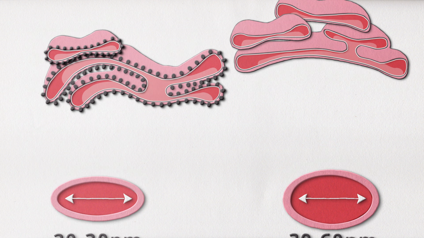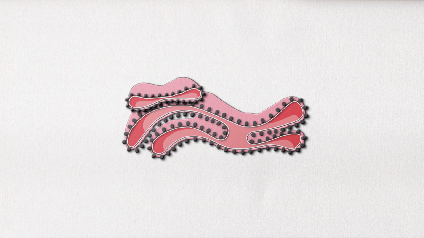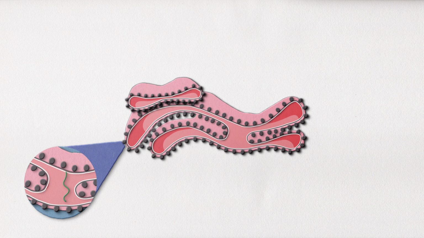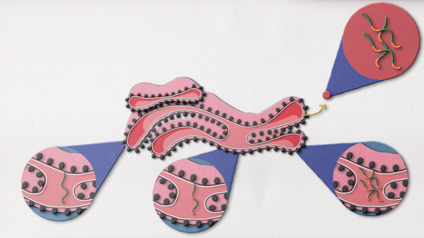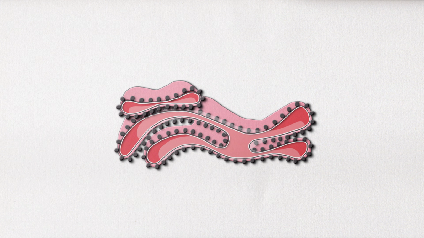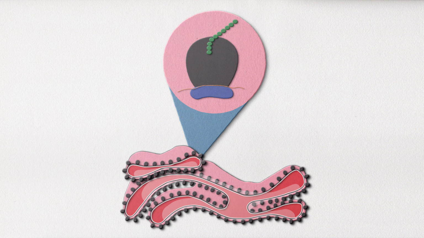The rough endoplasmic reticulum plays a central role in protein synthesis. It is where proteins are synthesized, modified, transformed, and finally released. Protein synthesis begins with the translation of mRNA by ribosomes that are attached to the rough endoplasmic reticulum membranes.